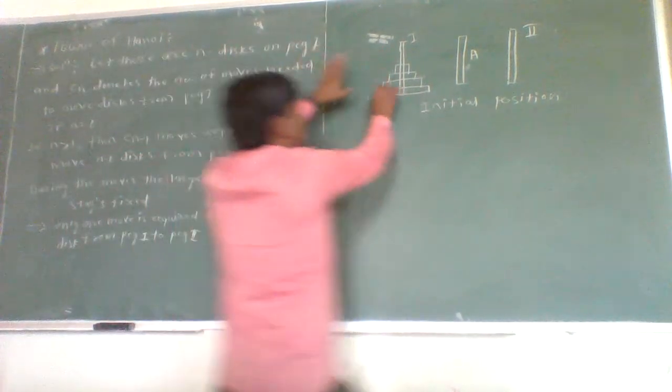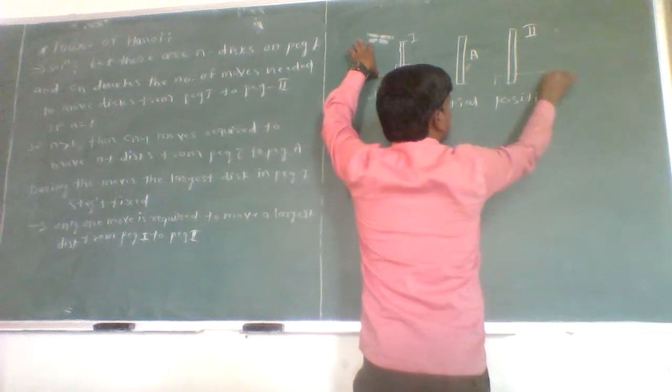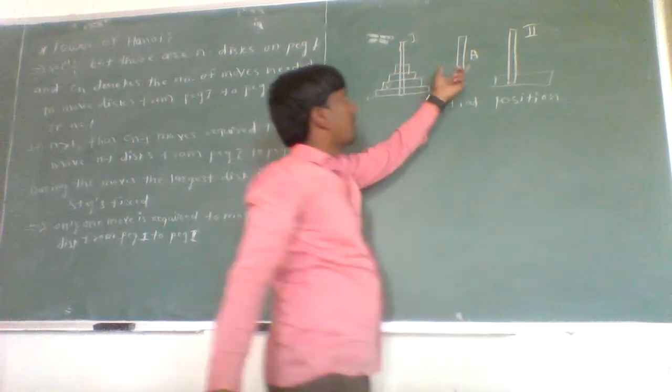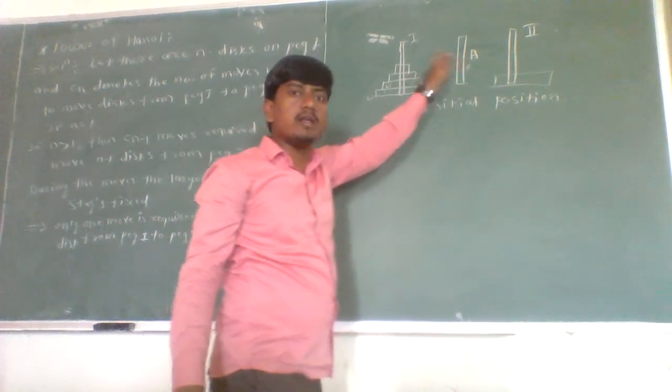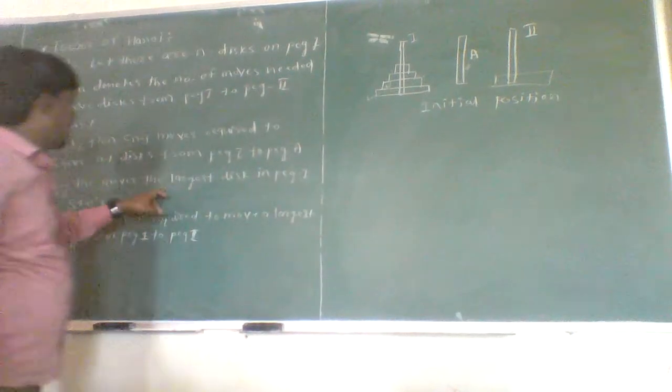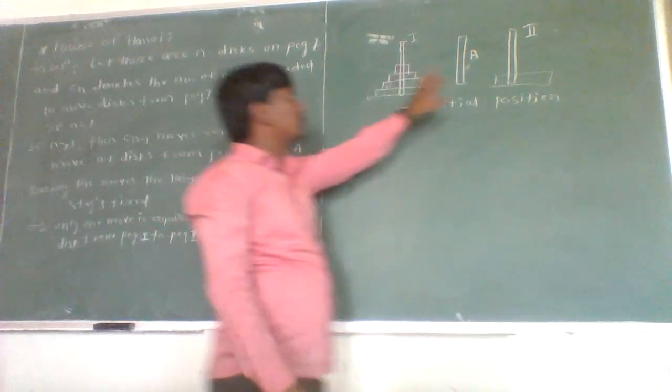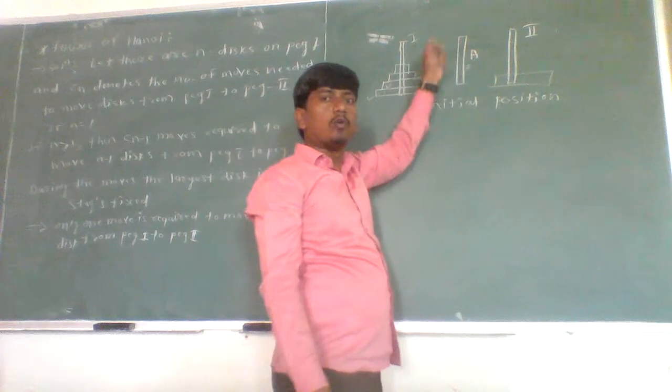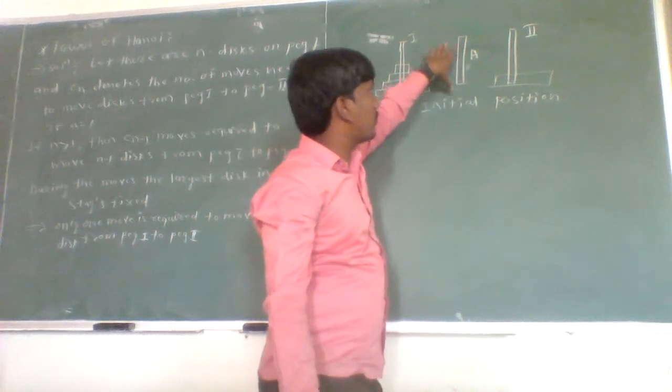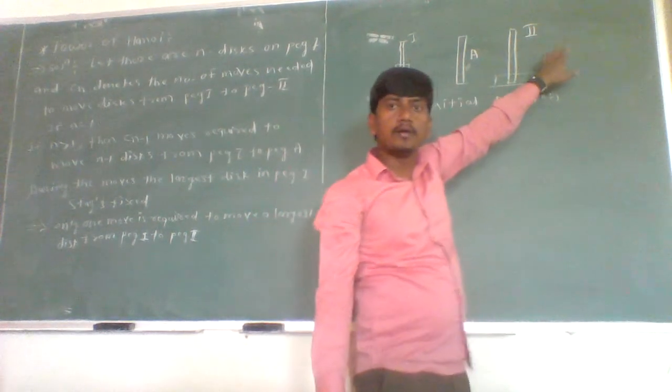Now on peg A there are n minus 1 discs, and similarly we can use Cn minus 1 moves to transfer the n minus 1 discs from peg A to peg 2.